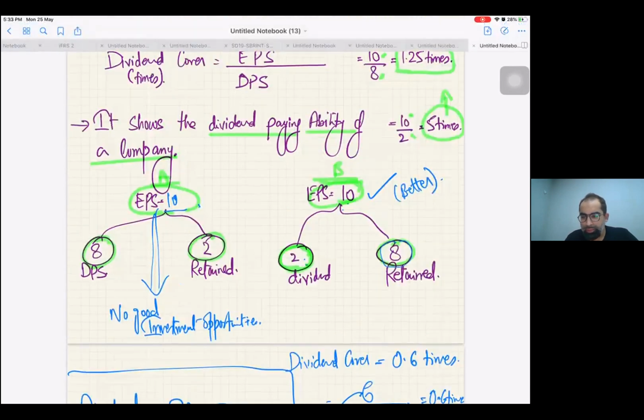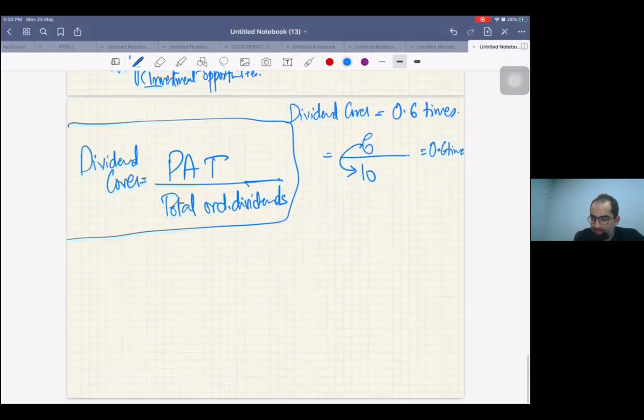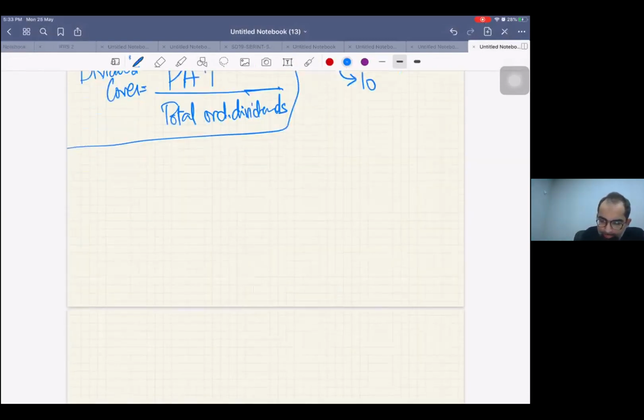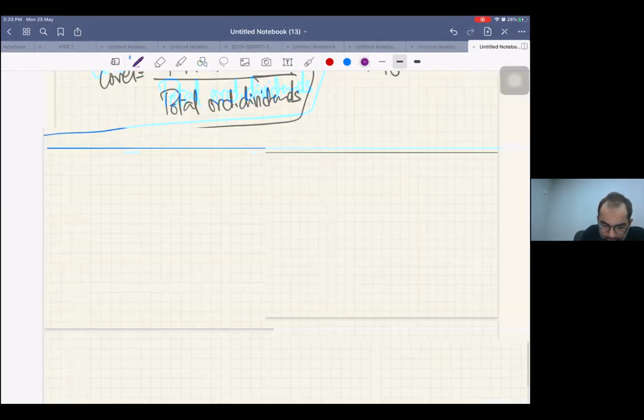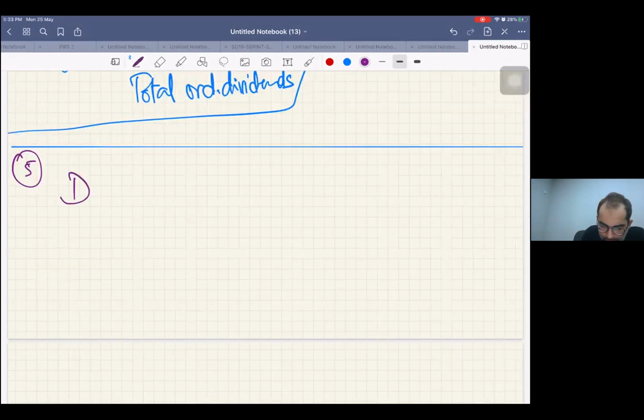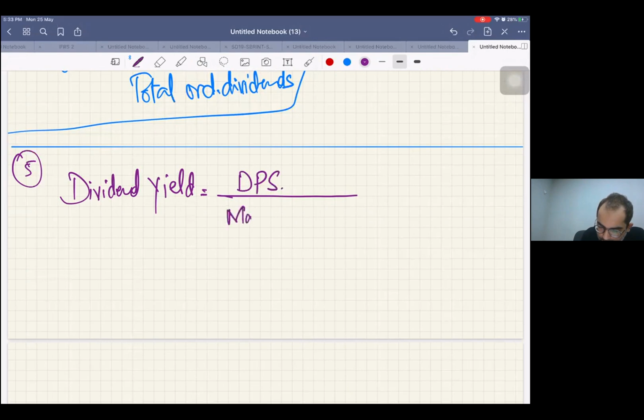Okay, so the last ratio of this field is dividend yield. Dividend yield is DPS, dividend per share, divided by market price per share, times 100.